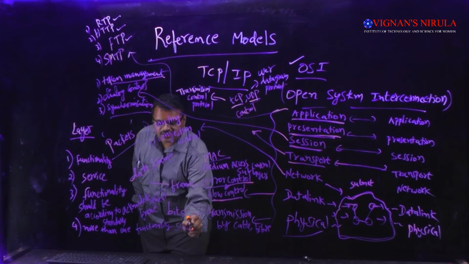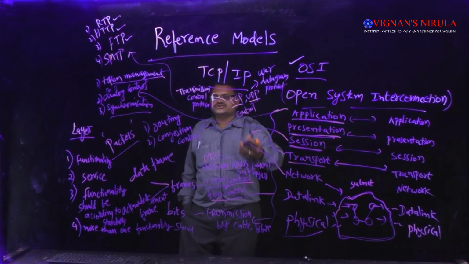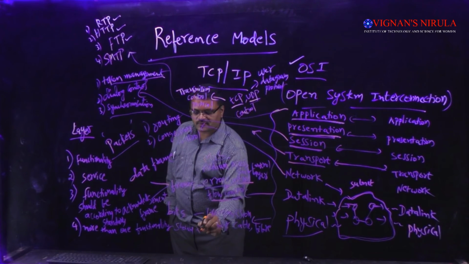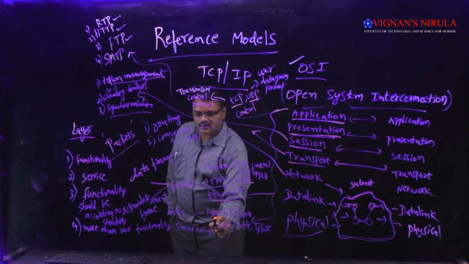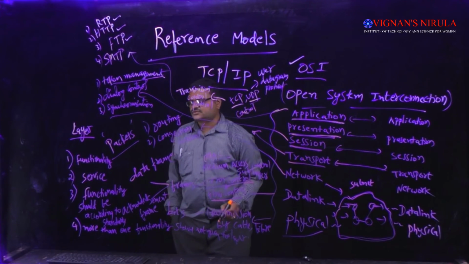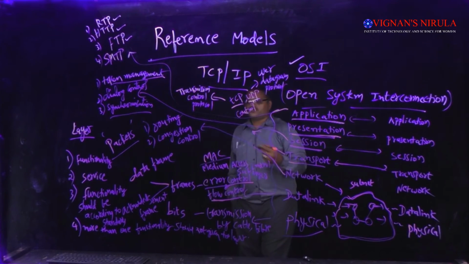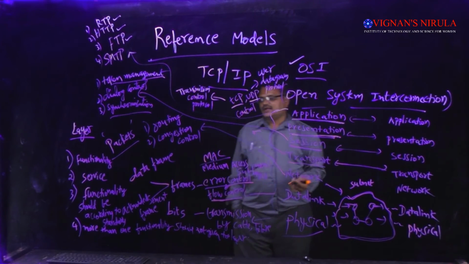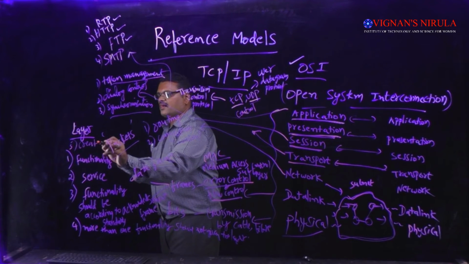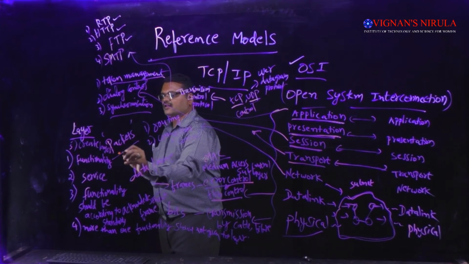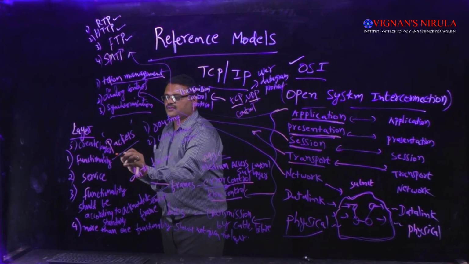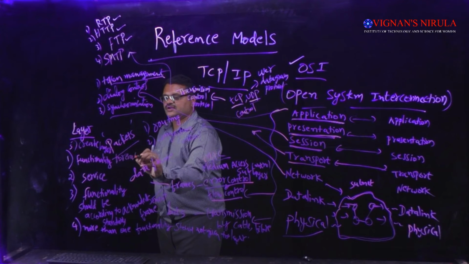That means if you want a new functionality, then create a new layer. More than one functionality should not be given to a layer, and if you want a new functionality, create a layer. So creating a layer for each abstraction.